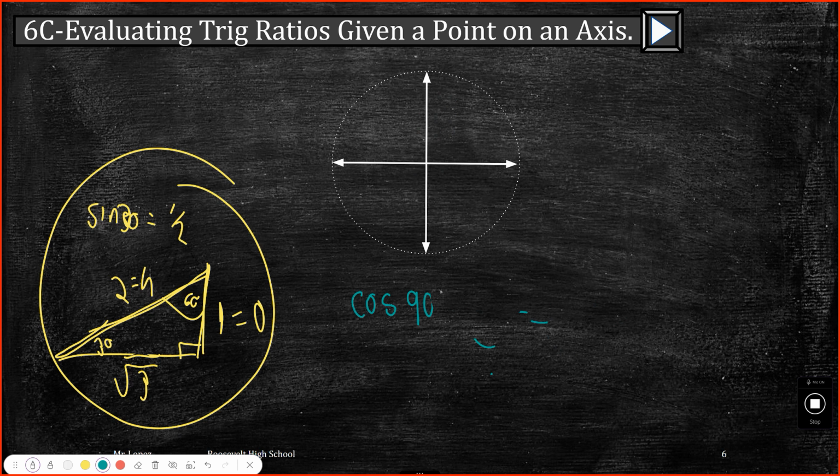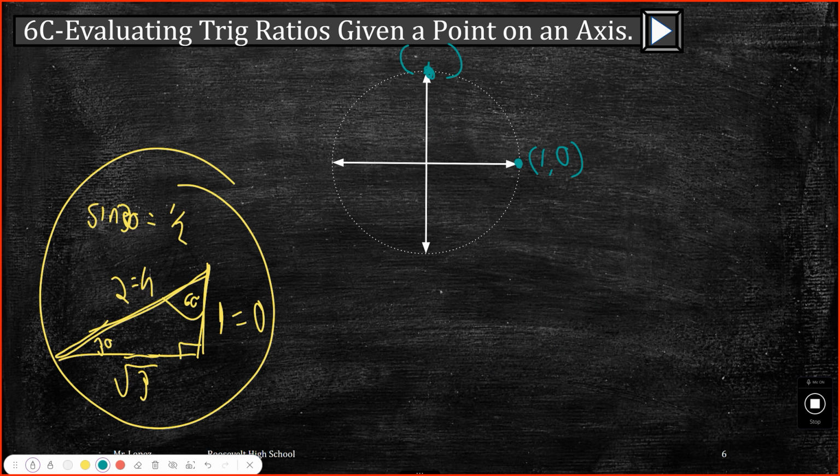That's the full explanation. But if you really just want to know what these are going to be, if the radius here is 1, the x value of this point is 1, and the y value of this point is 0. What's the x value of this point here on the unit circle?